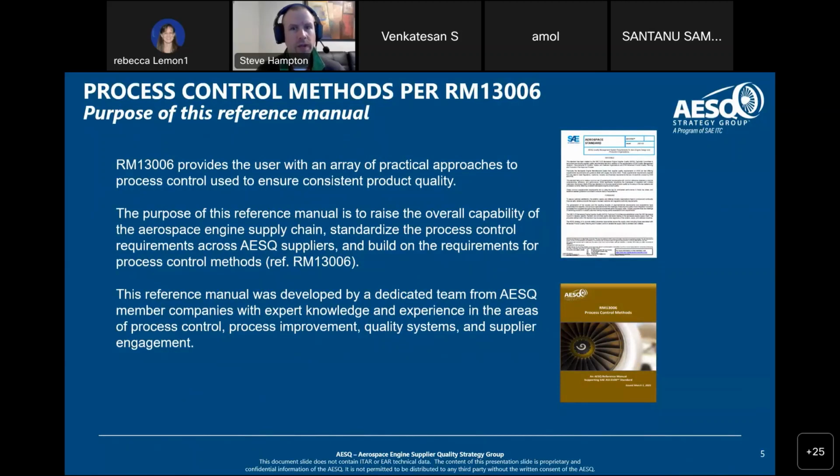And also it's a way that as new techniques and new process control standards come out, then we can update it in a single source for people to reference in the future. This reference manual was developed by a dedicated team of members from the AESQ companies. So subject matter experts and expert practitioners are involved in the group and are who curate the reference manual.